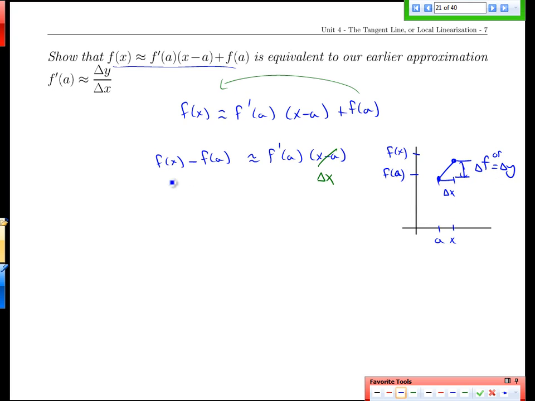And hey, delta y. And if we do that, we have delta y is approximately f prime of a delta x. That was one of the forms we saw before. Or we can bring down delta x to the other side. Delta y over delta x is approximately equal to f prime of a.